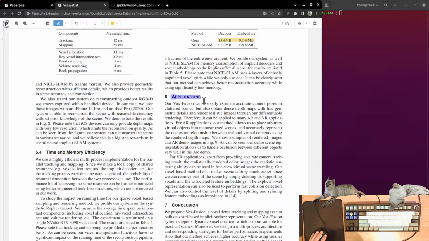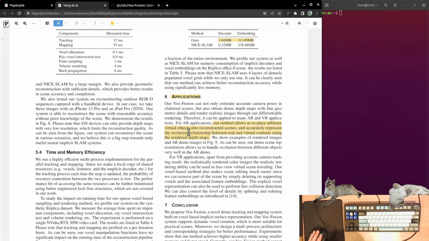Okay, applications. Okay, yeah, I wouldn't say this is specific to their application, but once you have a nice representation of a scene with a signed distance function, you kind of know where the surfaces are. You can put objects onto these surfaces.